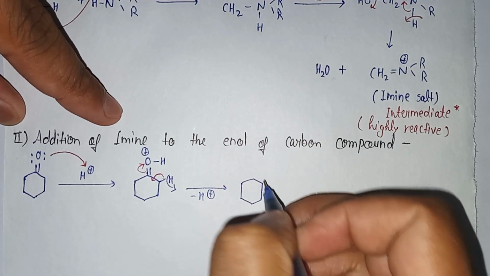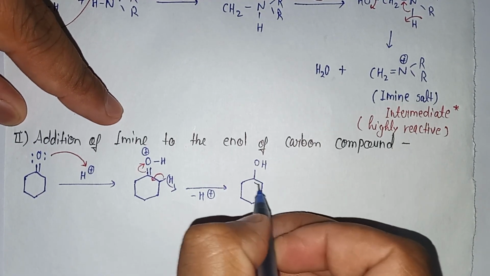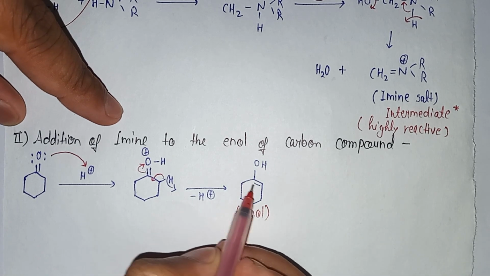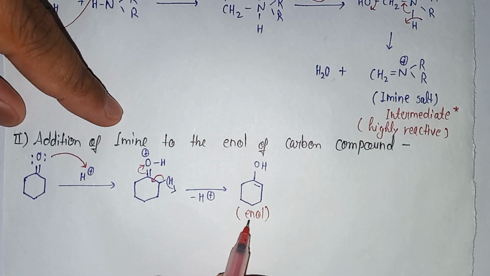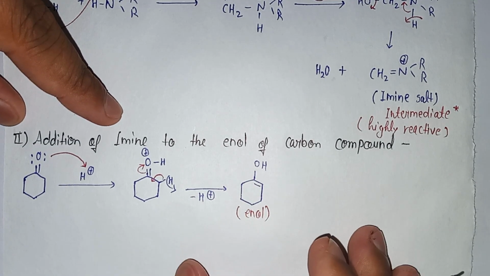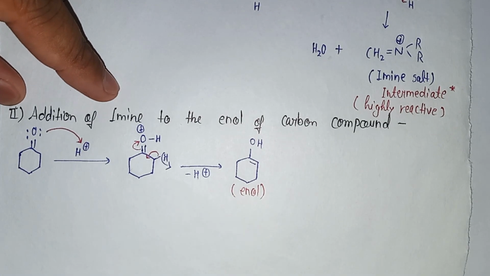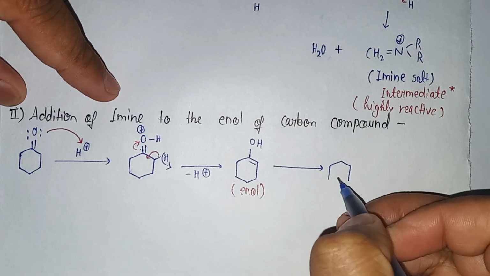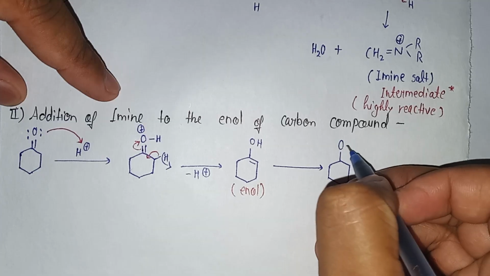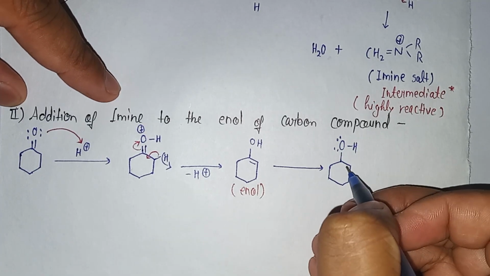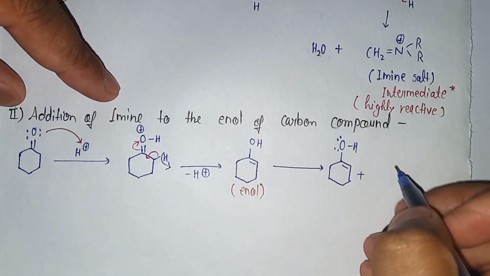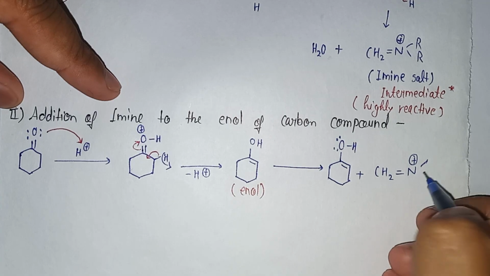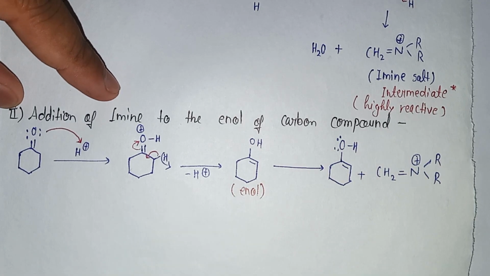So this is formed, and this is known as enol, because the double bond represents the ene and the ol represents the hydroxyl group. Now on the OH, there are two lone pairs of electrons, and this enol will react with the iminium salt.